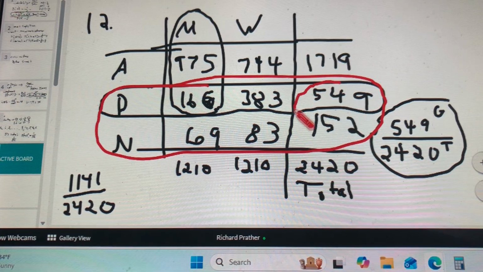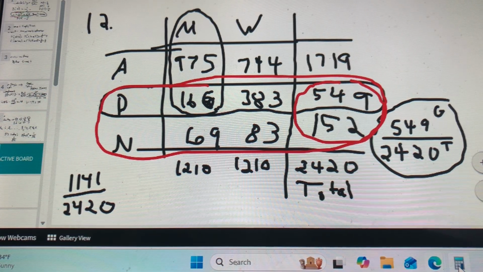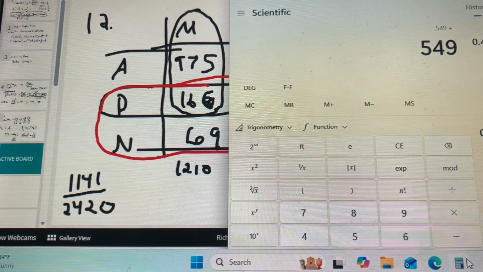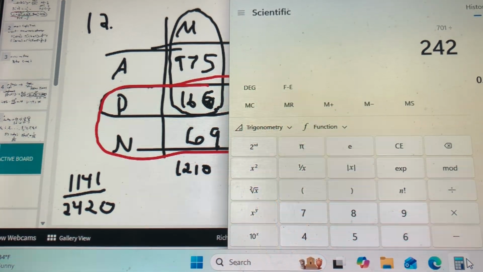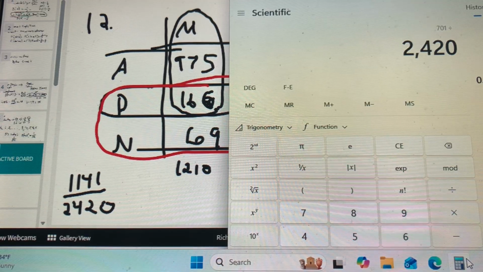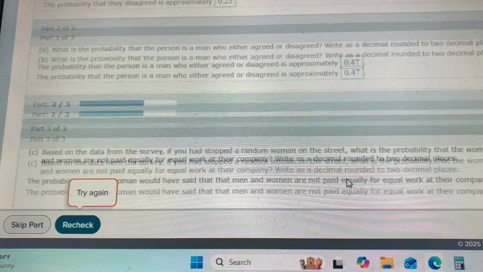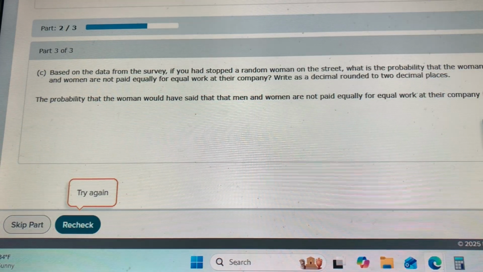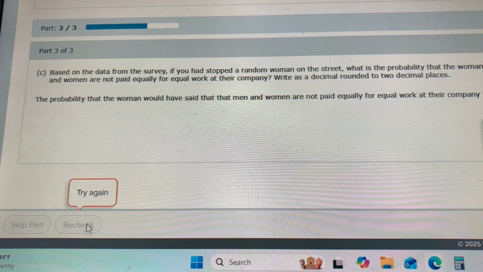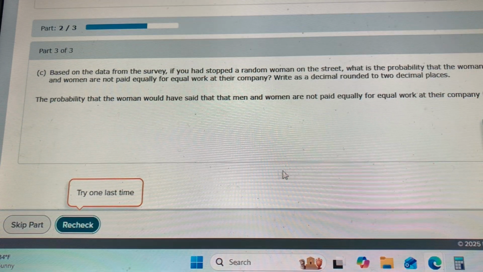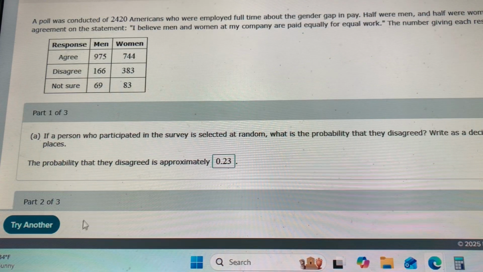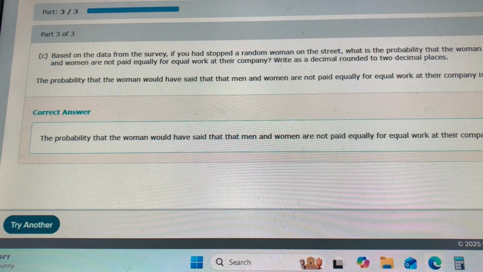So now I've got to add these two numbers together. 549 plus 152. And now divide that by 2420. It's definitely divided by 2420 no matter what. So let's try 0.29 instead of 0.23. Is it 0.29? No, okay. So I am doing something wrong. Let's see if we can see what the answer actually is supposed to be. 0.32. Okay, that's weird.